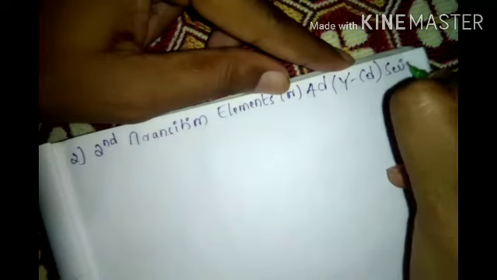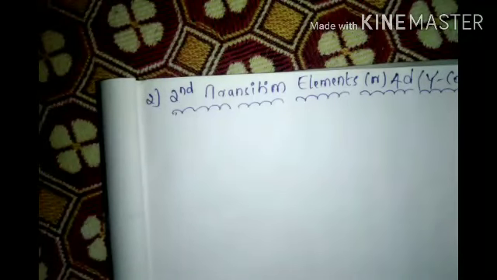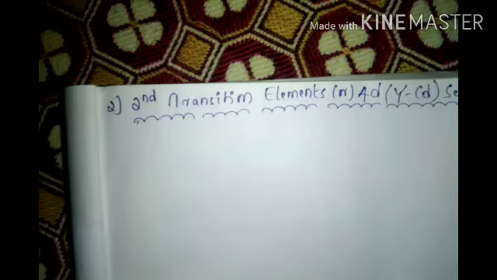Second transition elements are the 4d series, 4d yttrium to cadmium. Yttrium to cadmium.